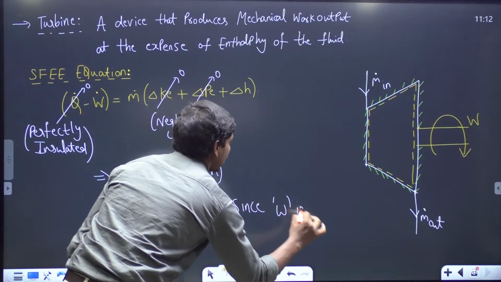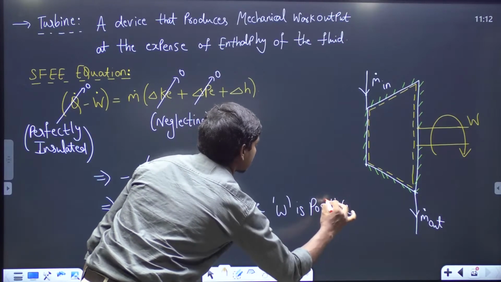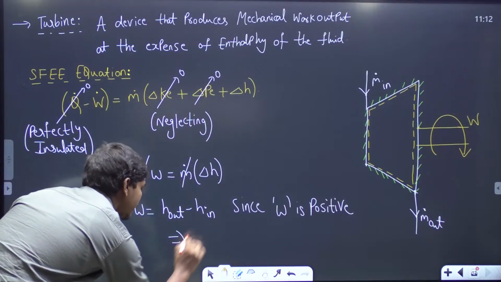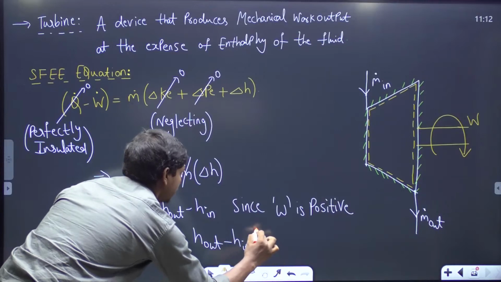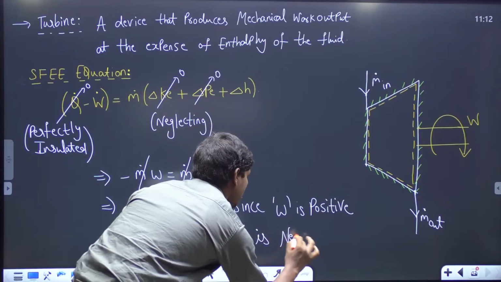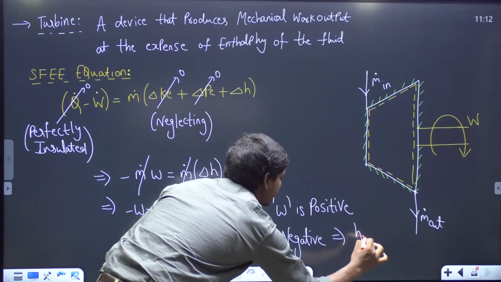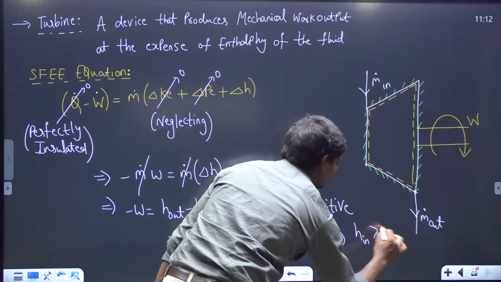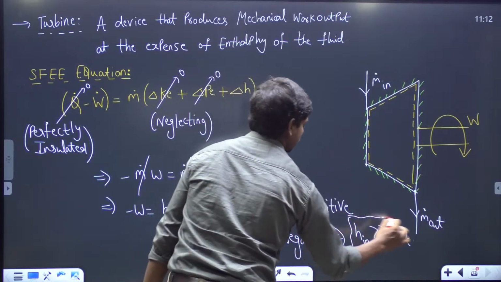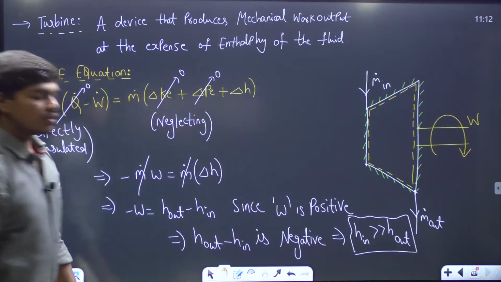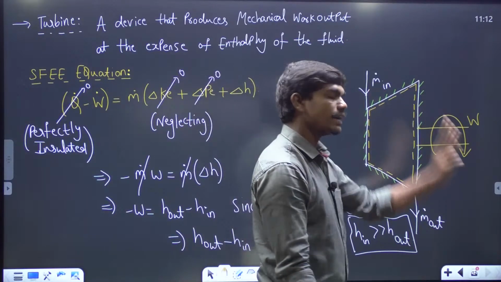This implies enthalpy at inlet is much greater than enthalpy at outlet. So by decreasing the enthalpy of the fluid, this turbine is capable of doing some mechanical work here.